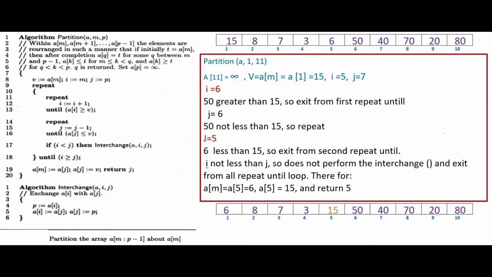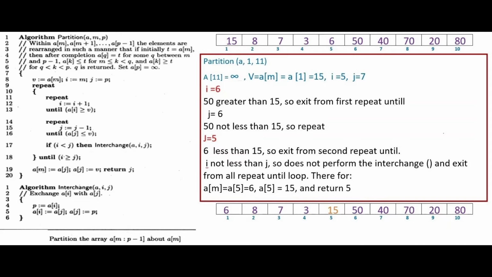A of 1 is equal to 6 and A of 5 is equal to 15. Okay, the array is updated.